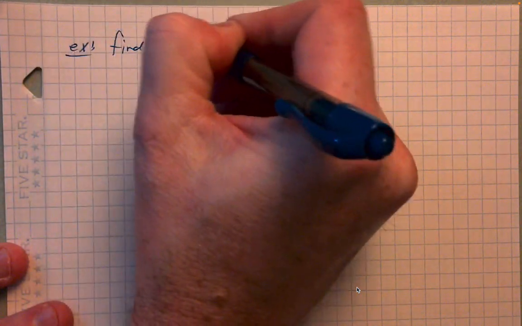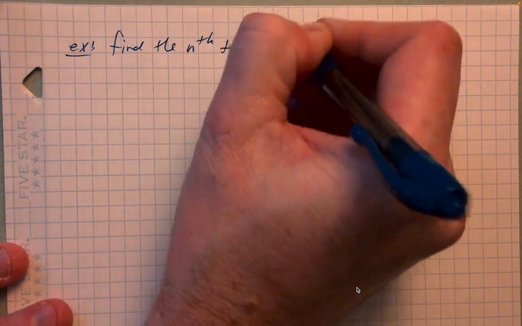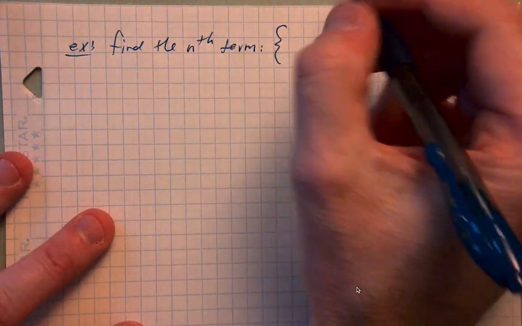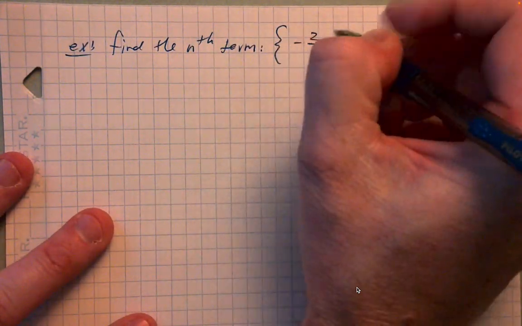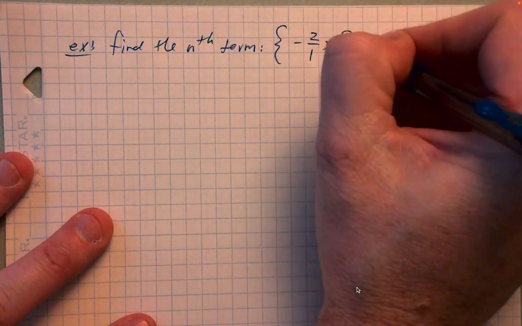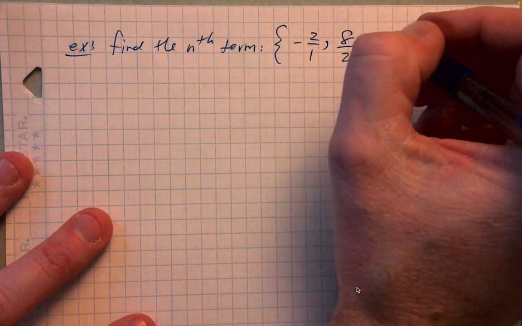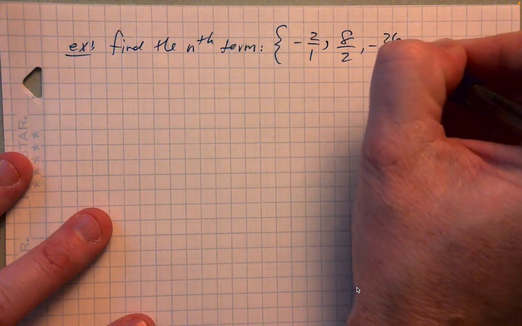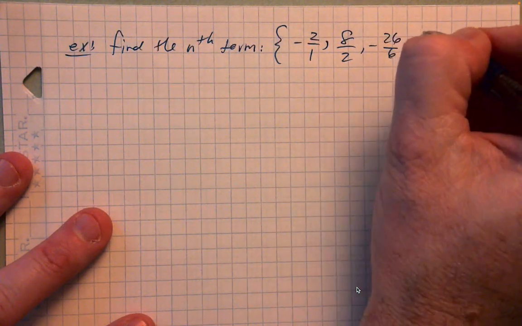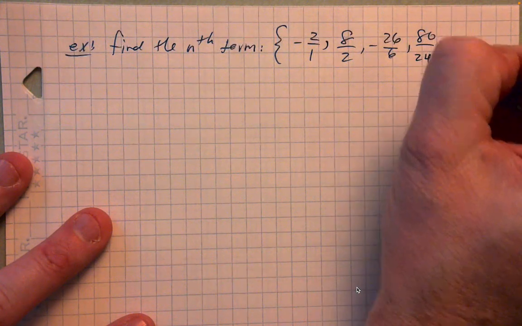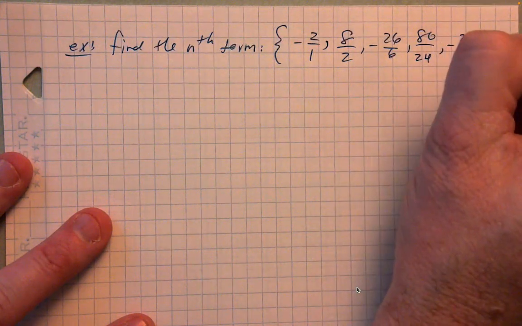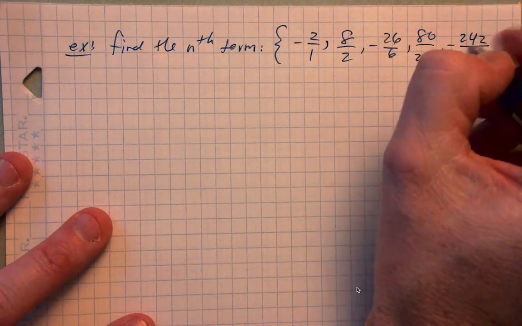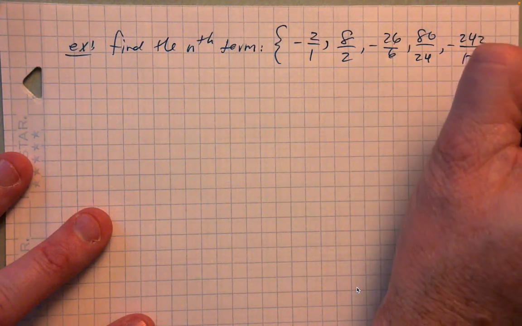Find the nth term. Okay, so we're given negative 2 over 1, and then 8 over 2, and then negative 26 over 6, and then 80 over 24, and then negative 242 over 120, and so on.